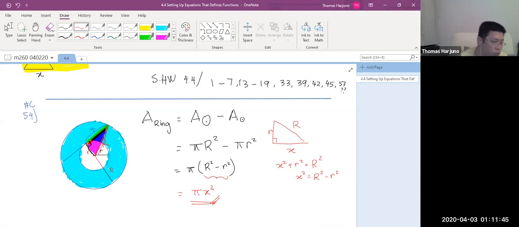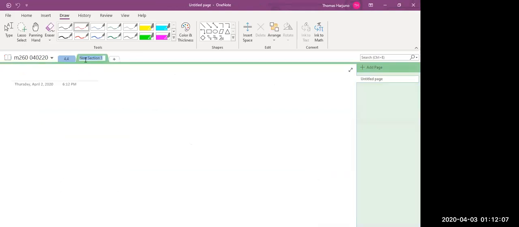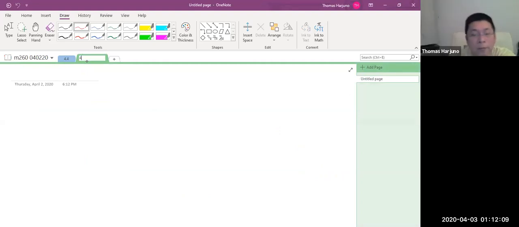Okay, that's for this section. I'm going to the next section, 4.5, which is, in my opinion, on the easier side compared to 4.4. Should we start? Yes. Okay, I go to 4.5.